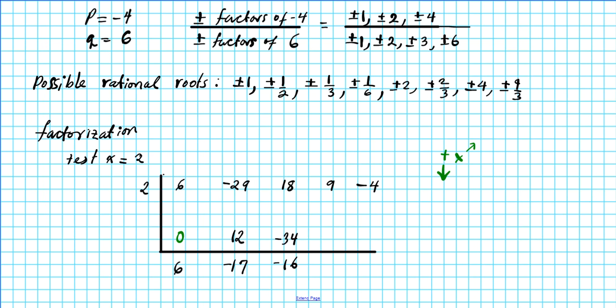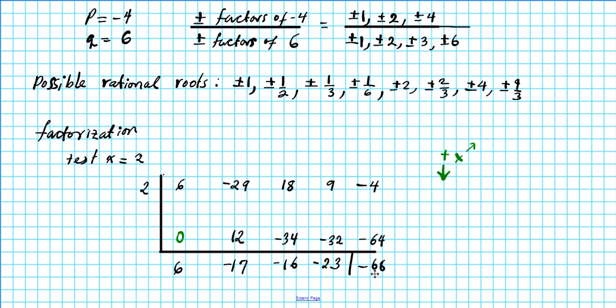Multiply across, negative 32. Add down, so we have 3, 23, negative 23. Multiply across, we have negative 64. Add down, negative 68.